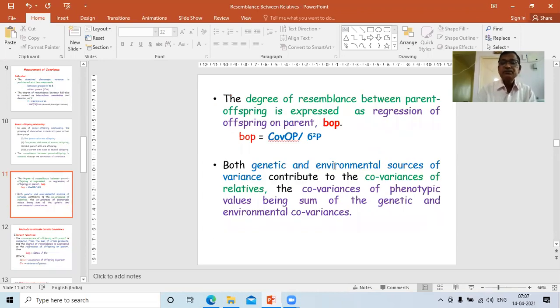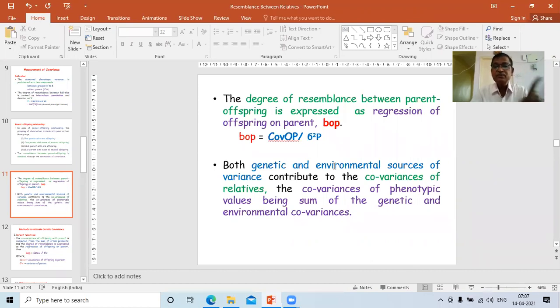Now, the degree of resemblance between parent and offspring is expressed as a regression of offspring on parent, b_OP. B stands for regression, regression of y on x. So regression of y on x means y is the dependent variable and x is the independent variable. Here regression of OP means offspring and parent.